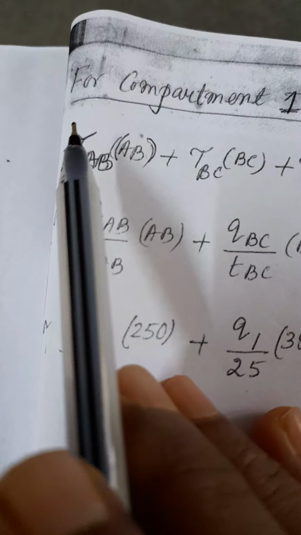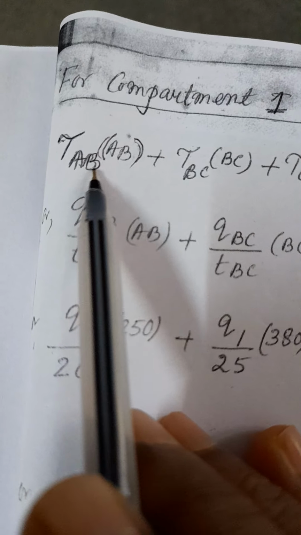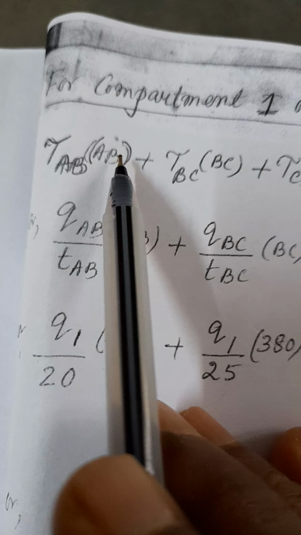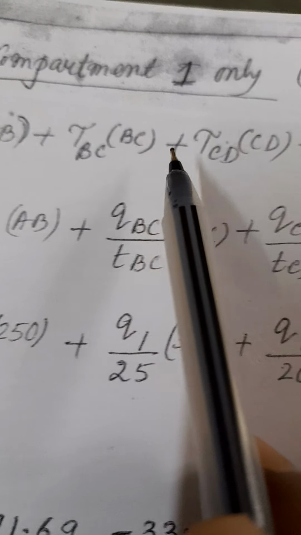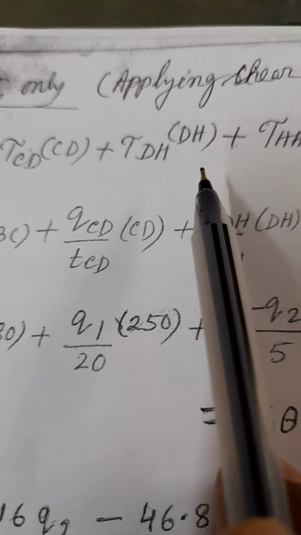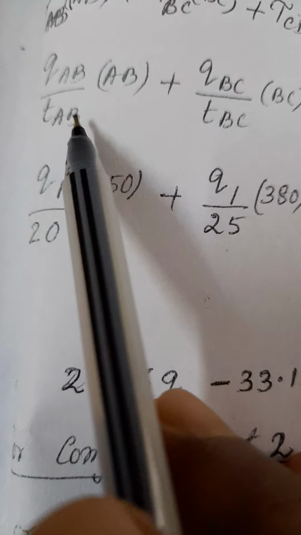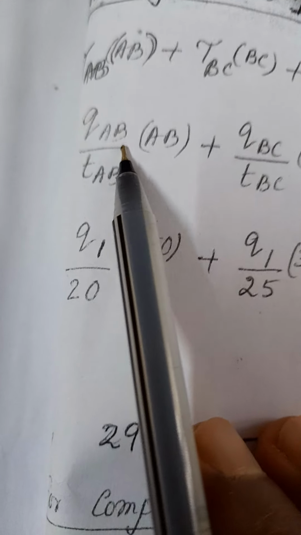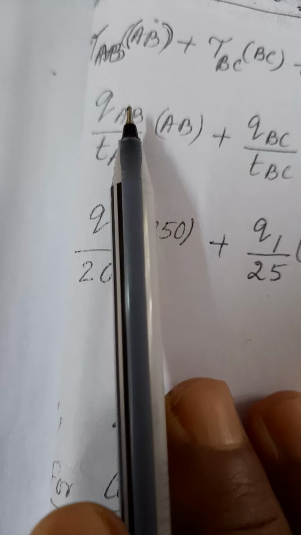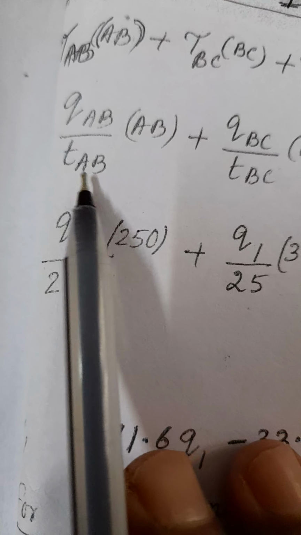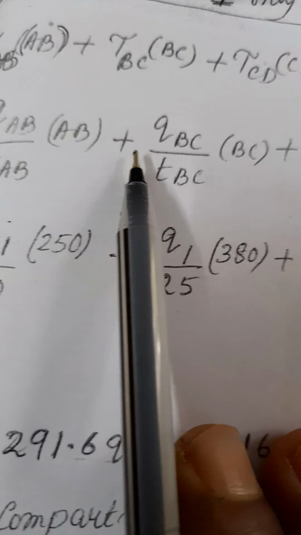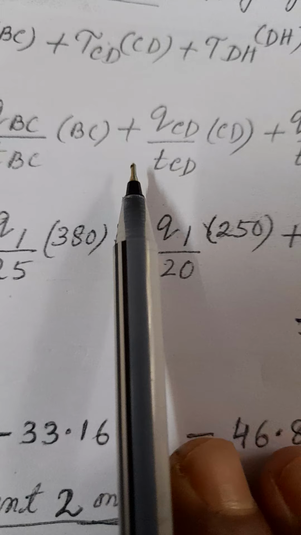Now what is that? You will see tau along the path AB into the distance AB, in this way. Now you express tau in terms of Q. So QAB by TAB into AB, in this way.